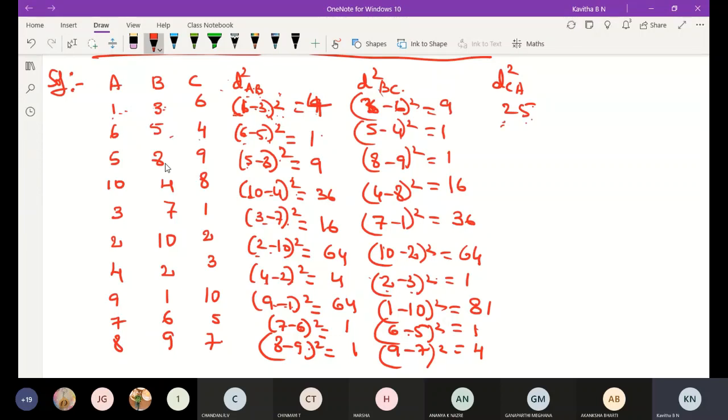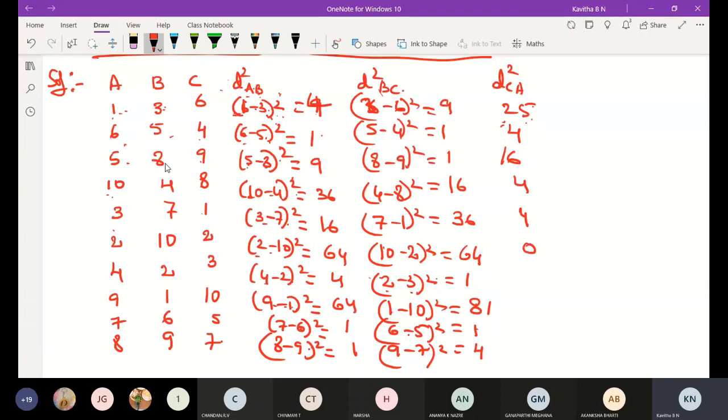Okay. 4 minus 6 is 2. 2 square is 4. Then next 9 minus 5 is 4. 4 square is 16. Okay. 8 minus 10 is 2, 2 square means here 4. 1 minus 3 is minus 2 whole square is 4. The next 2 minus 2 is 0.